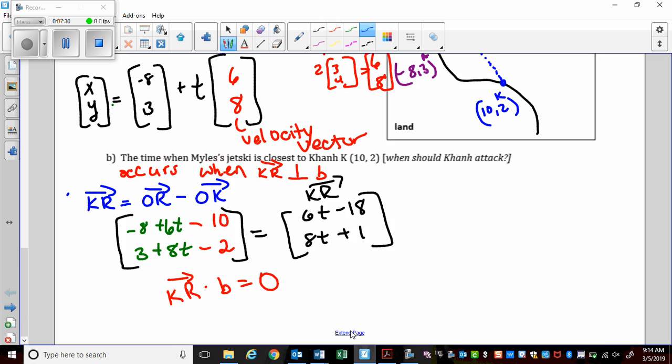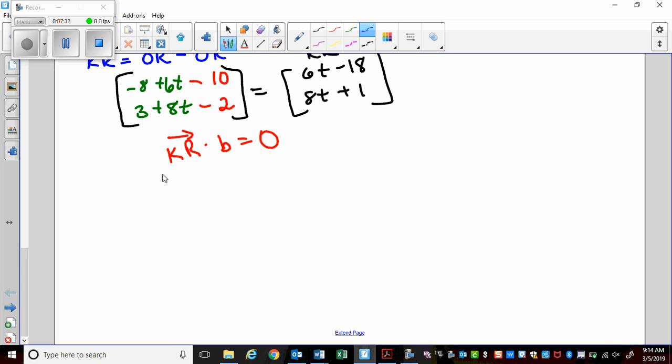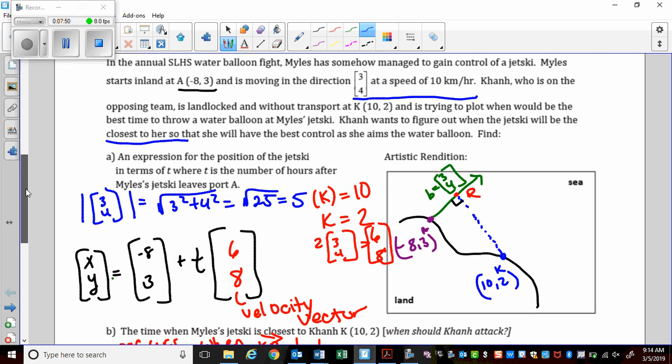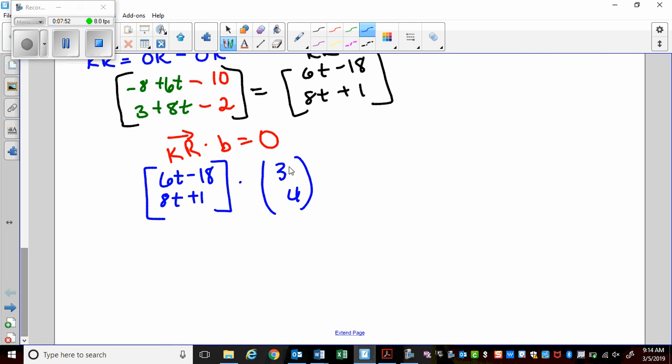This is 6t minus 18 and 8t plus 1 dot B, which is 3, 4, when this equals 0. Okay.